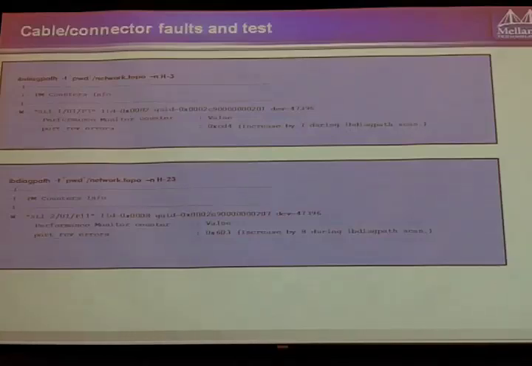Here I'm using IBDiagpath. I'm showing you the output looks almost the same. The command line looks almost the same as well, but I'm running it point to point. So I'm running it between myself and host H-3. Sometimes with MPI jobs, you'll get a lot of errors on a link, and your MPI job will fail.